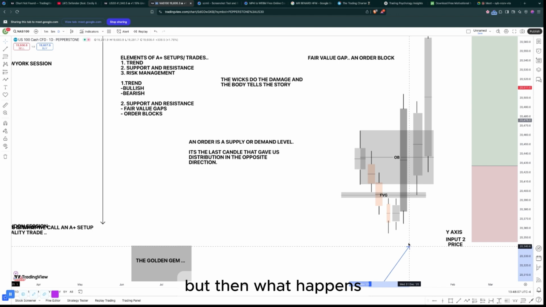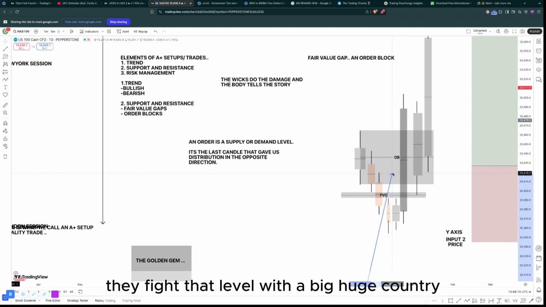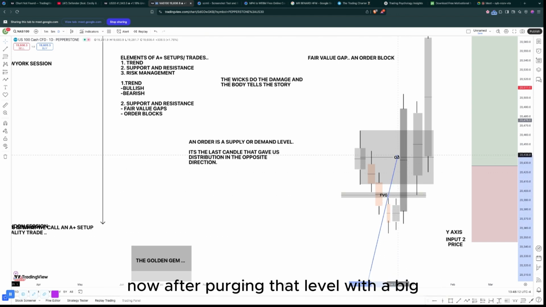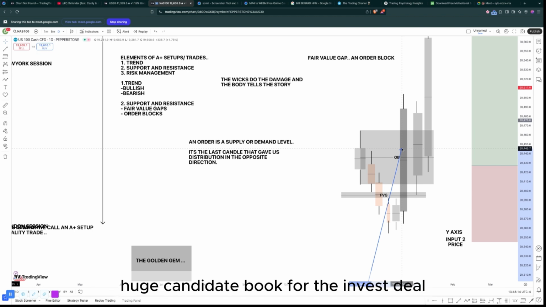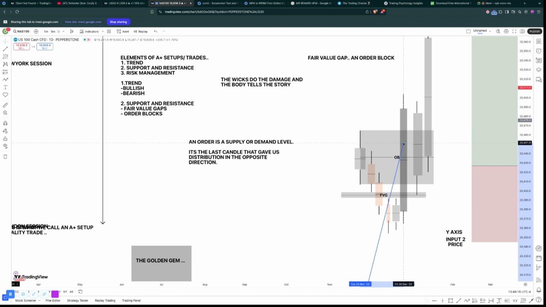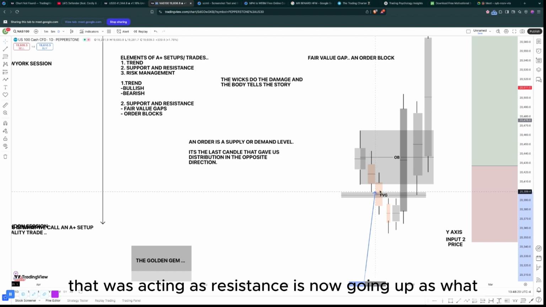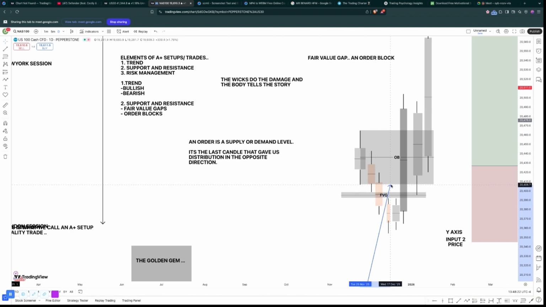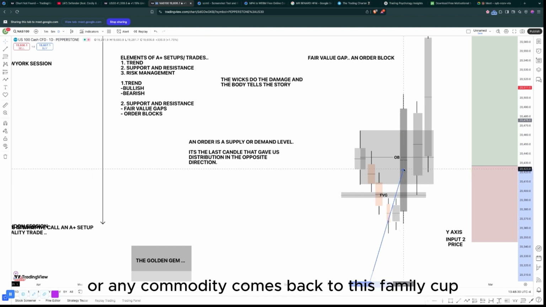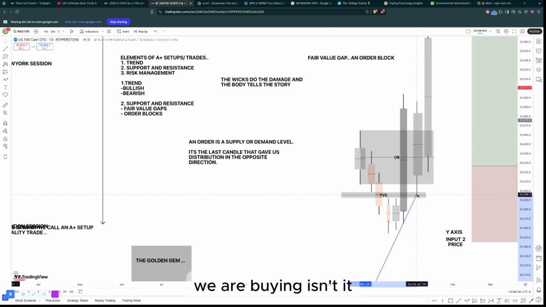But they purged that level with a big, huge candle. After that, you look for the inverse theory, which states that this fair value gap that was acting as resistance is now going to act as support. So at any other point, if price comes back to this fair value gap, we are buying, isn't it?